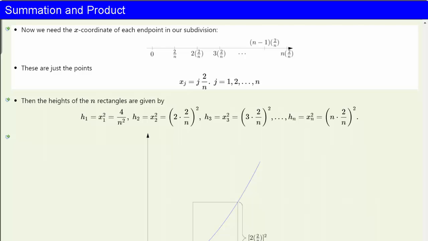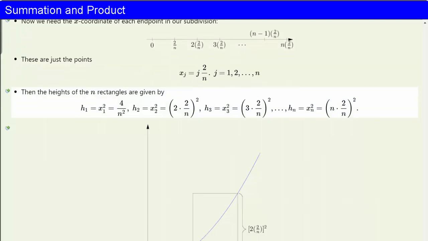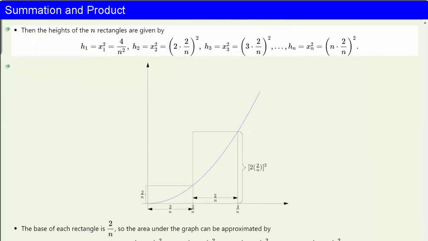Notice that j equal n gives you x_n equals 2. Then the heights of the n rectangles are given by h1 is x1 squared, which is 1 times 2 over n squared, and that's just 4 over n squared. h2 is x2 squared, and so on. And hn is xn squared.